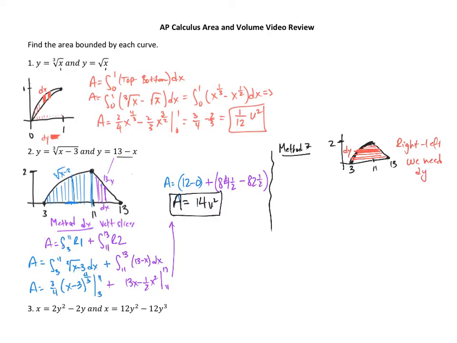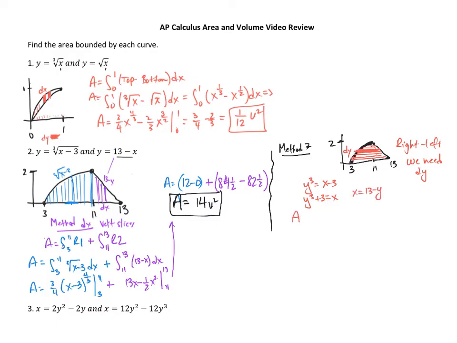I need to take my equation and make sure that these are in terms of y. So the first equation, I'm going to solve this for y, so I will cube it, and I'll get x minus 3. So you end up with y cubed plus 3 equals x. For the second equation, just rewrite this, and you'll get x equals 13 minus y.